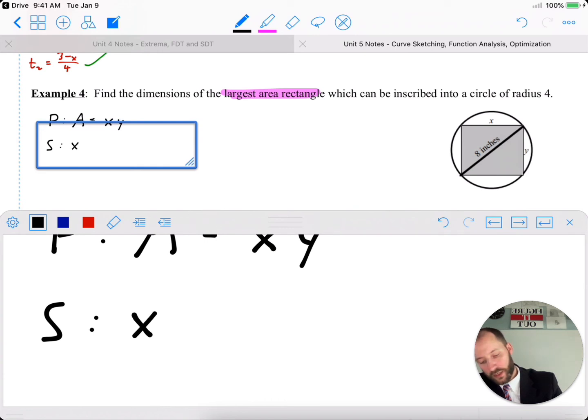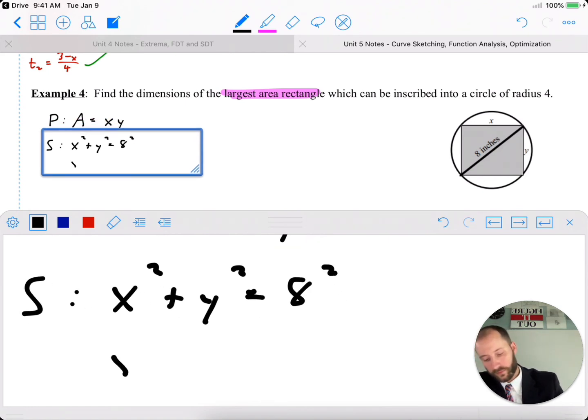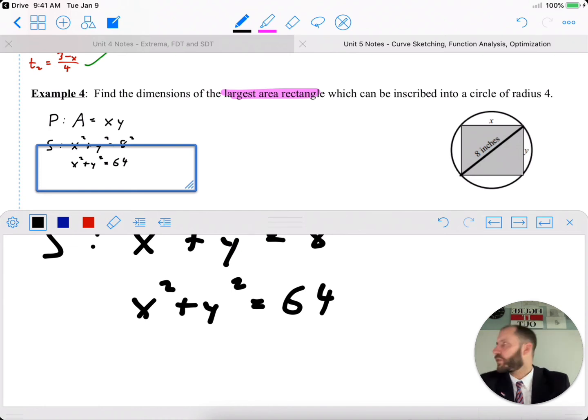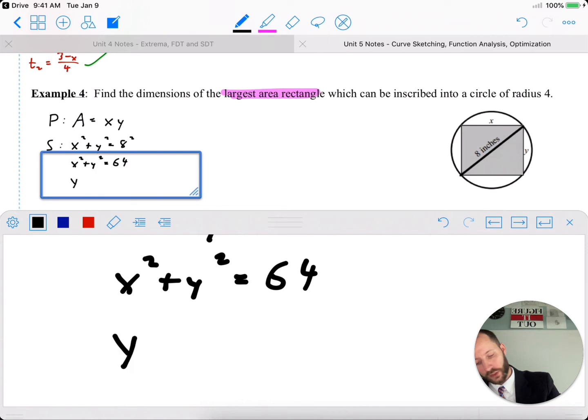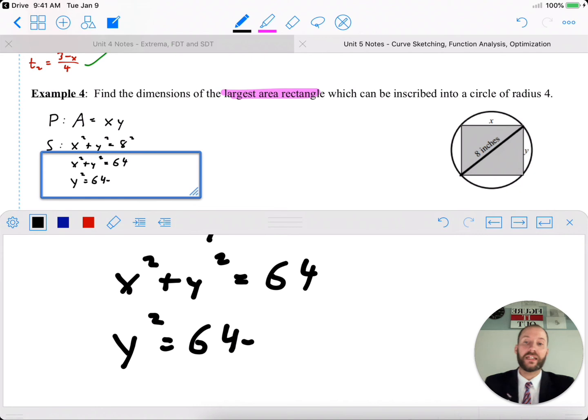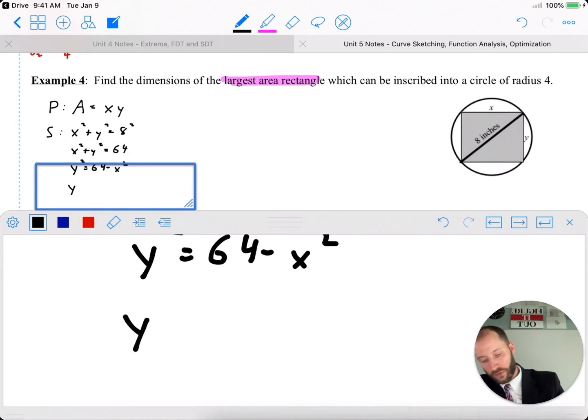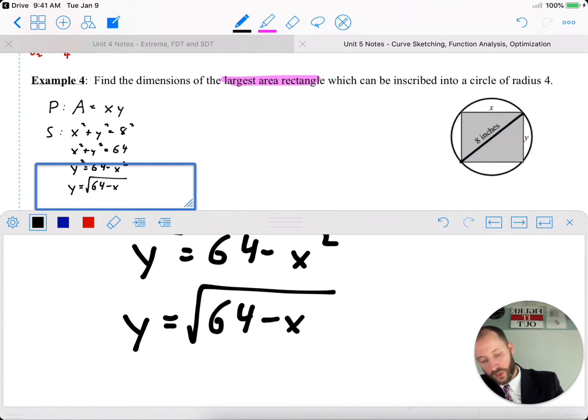So x squared plus y squared equals 8 squared, so x squared plus y squared equals 64. Let's solve that for y. So y squared equals 64 minus x squared, and y equals the square root of 64 minus x squared.